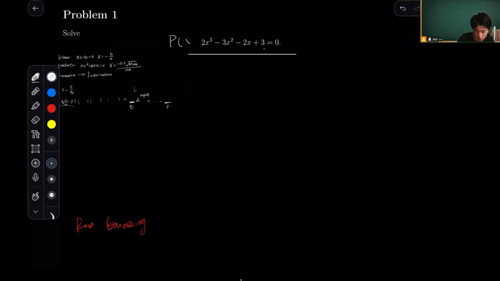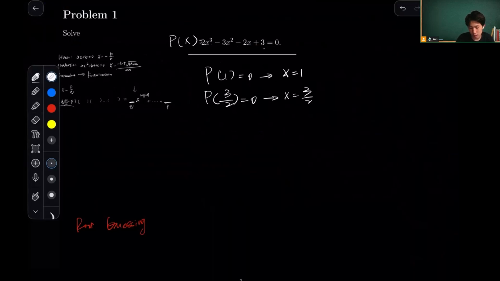Suppose this equation, the left-hand side, is polynomial P. Then we notice that since we guessed the root 1, P(1) is in fact 0. That means x equals 1 is a solution to the equation. Similarly, we can guess x equals 3 over 2, because 3 divides 3 and 2 divides 2. So again, if you verify this, you will realize that P(3/2) is in fact, again, a solution because it is 0.